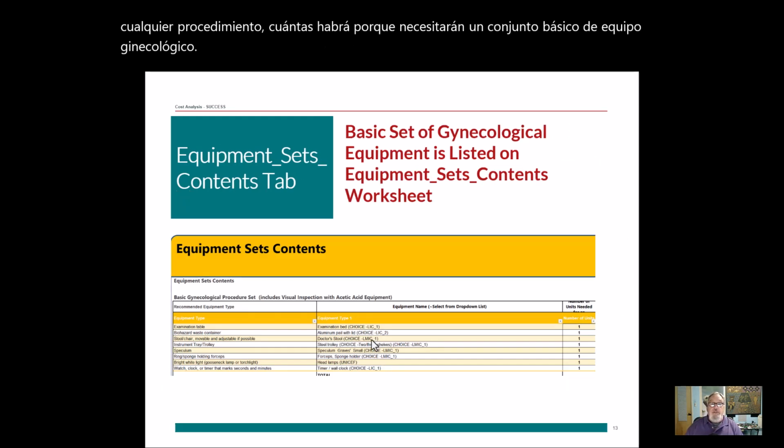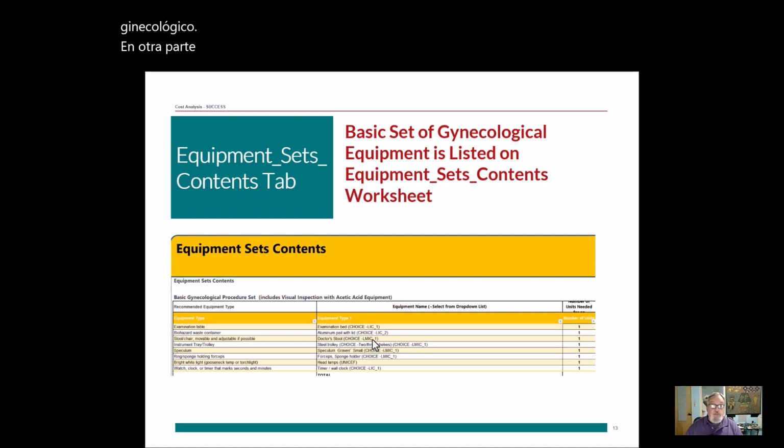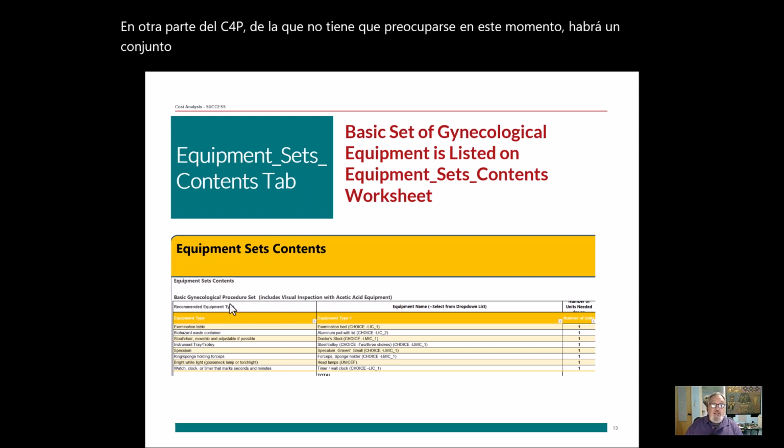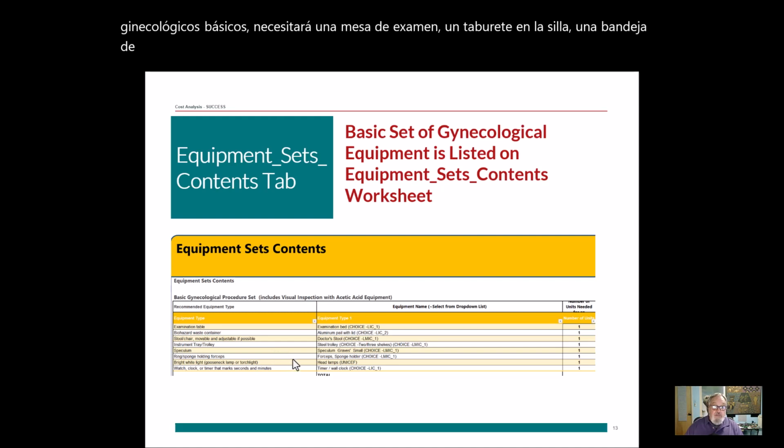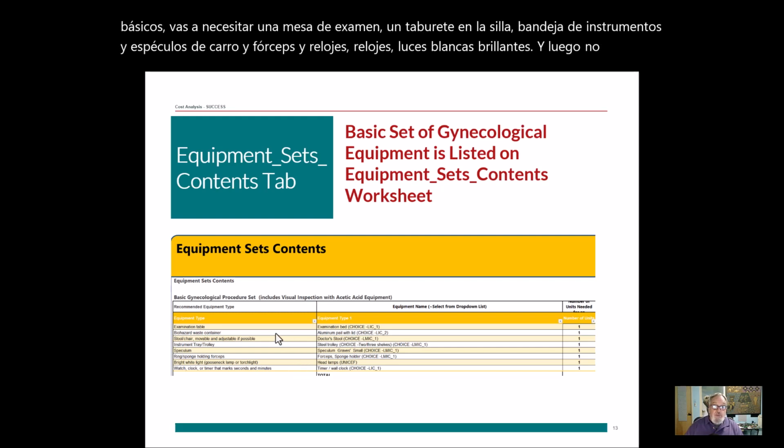In another part of the C4P, which you don't have to worry about right now, there will be a set of equipment for that basic gynecological procedure set. So we will have already said if you're going to have a set of equipment for basic gynecological procedures, you're going to need an examination table, a stool and a chair, instrument tray and trolley, speculums, and forceps, and watches, clocks, bright white lights, and then, I didn't forget, the biohazard waste container.